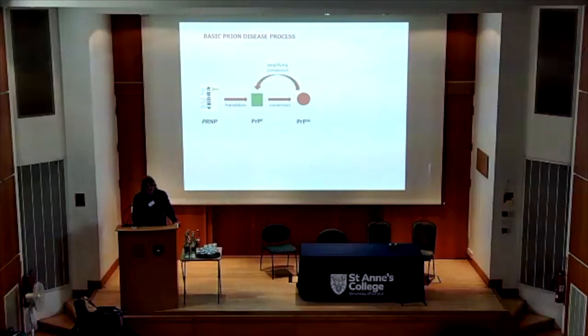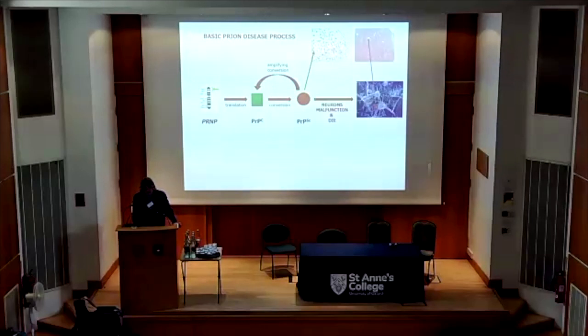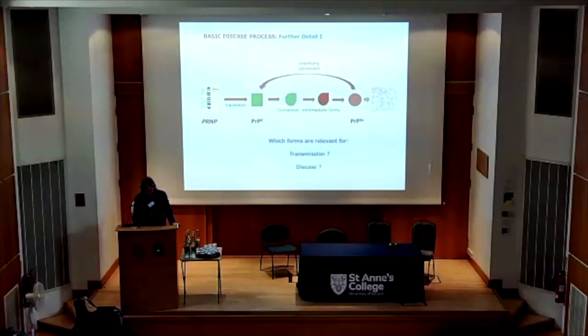And there's this amplification conversion process whereby the abnormal protein causes the normal protein to make more abnormal protein. And then the abnormal protein aggregates and gets deposited in tissues. And somewhere along the line, neurons, brain cells, start to go wrong and die. And as they die, you get holes in the brain. That's an outline of the basic disease process.